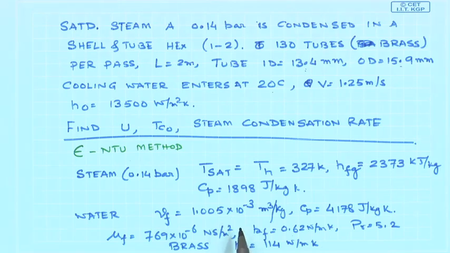If after calculation you see that there is a significant difference between the temperature that you have assumed and the temperature which you have obtained, so instead of 50, if you get 90, then the properties are going to be significantly affected, and you need to do one more iteration to ensure that you get the right values of the physical properties.